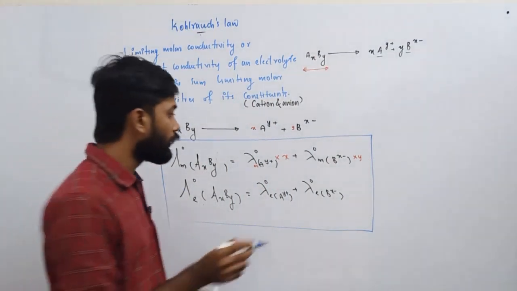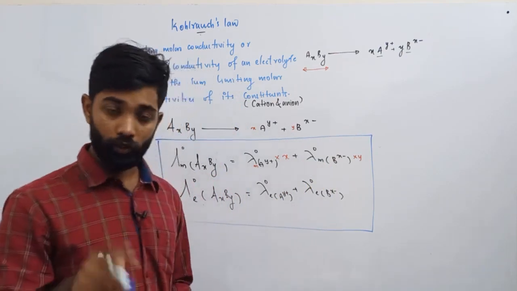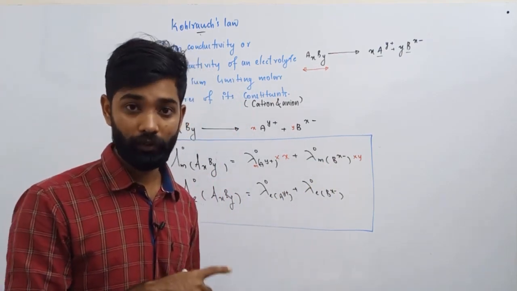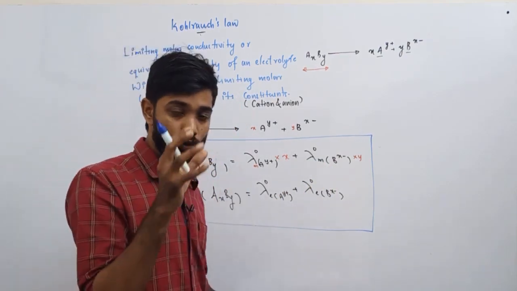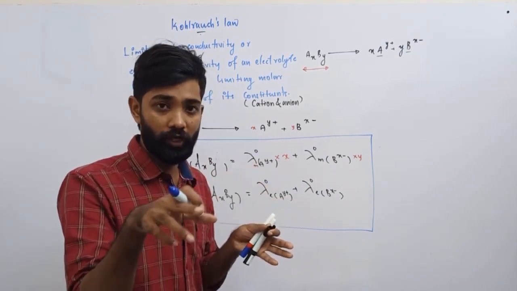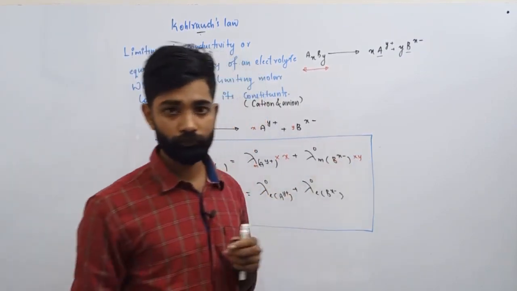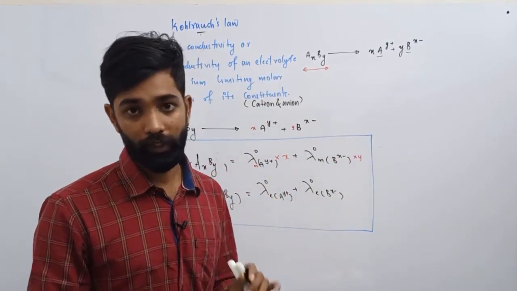If you are given the limiting molar conductivity of cation and limiting molar conductivity of anion, in order to find the limiting molar conductivity of that electrolyte, you simply take the limiting molar conductivity of cation into how much cation, plus limiting molar conductivity of anion into how much anion. That will be the limiting molar conductivity of that electrolyte.